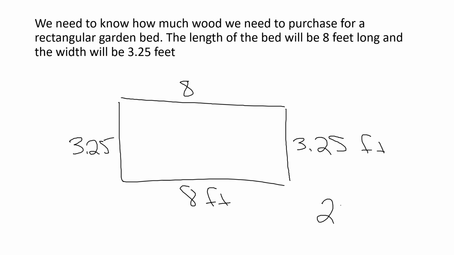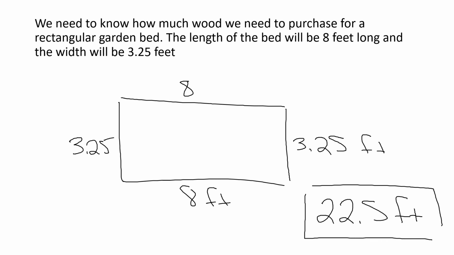I'm going to add that one more time just to be sure because I didn't check it before we started. Yes, 22.5, and it's going to be feet. And because it is perimeter, the measurement is just feet. When you go into area, it becomes feet squared. When you go into volume, it becomes feet cubed. But perimeter, you just add your outside edges. All right.